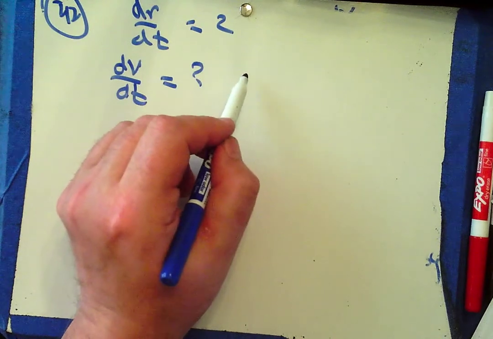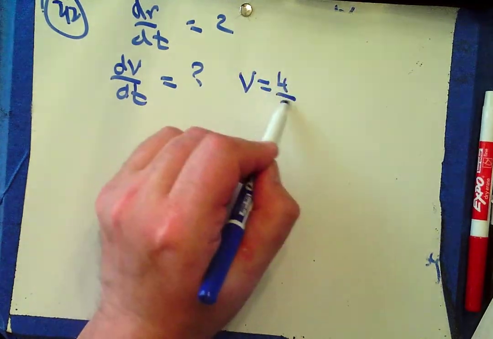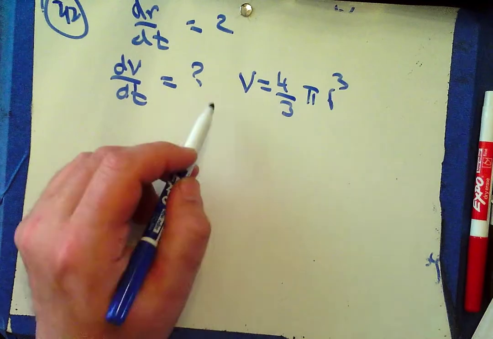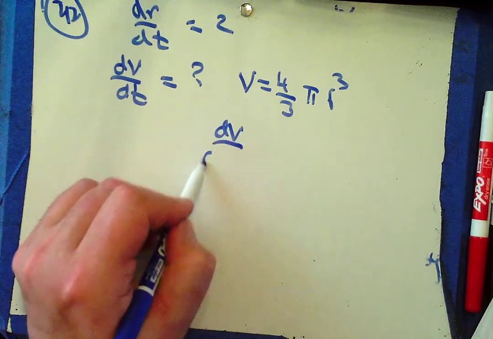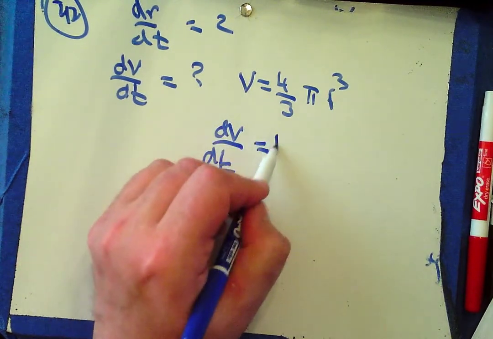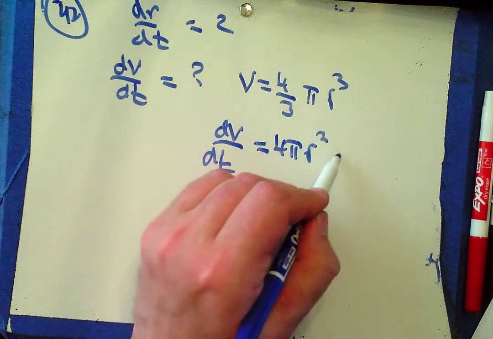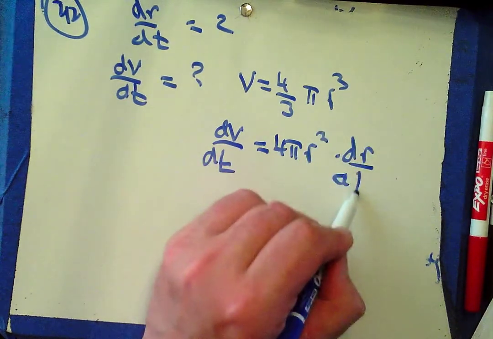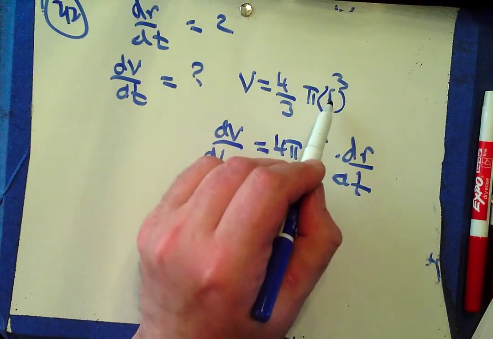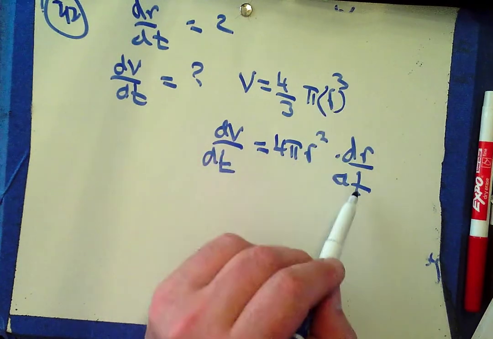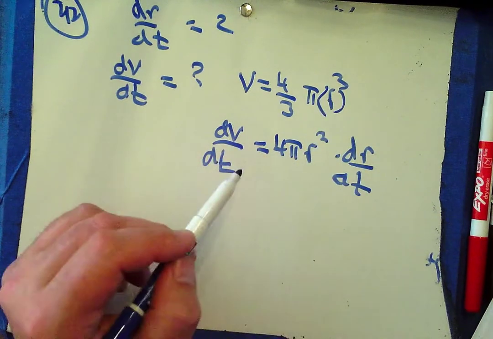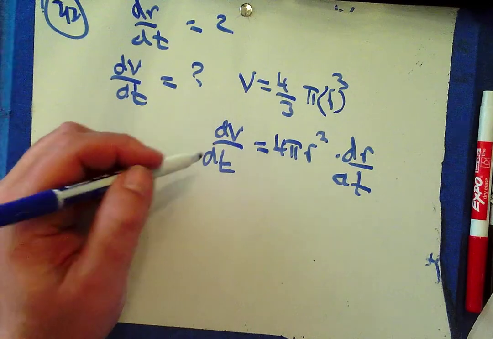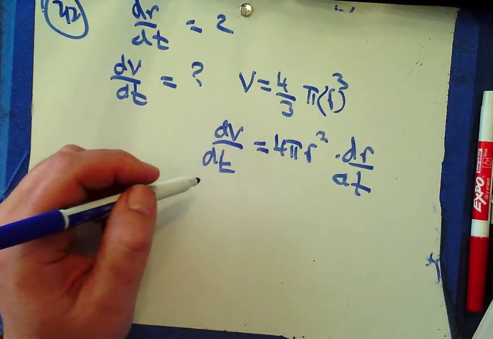And so we've got v equals 4/3 pi r cubed. Take the derivative of both sides with respect to time: 4 pi r squared times dr dt. Remember, you have to take the derivative of that inside r function with respect to time. And we can plug in what we know.